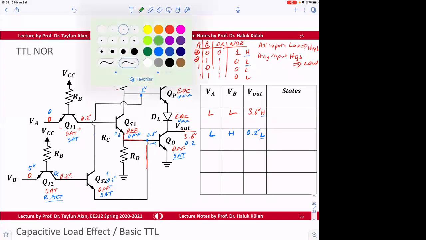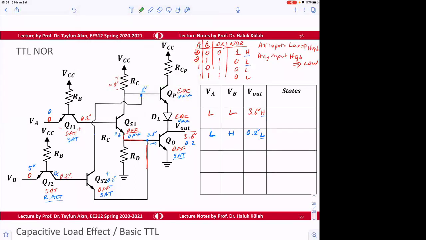So next, we look at the other case. Here is high. This one is low. So when this is high, 5 volts, then this will be reverse active. I'm filling this quickly.